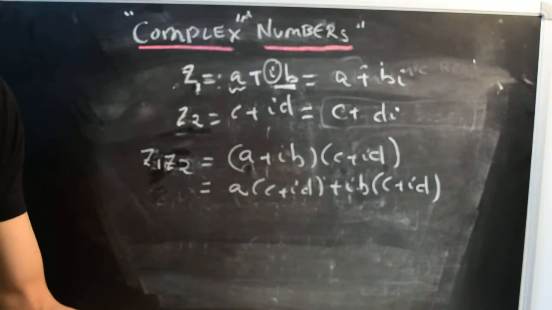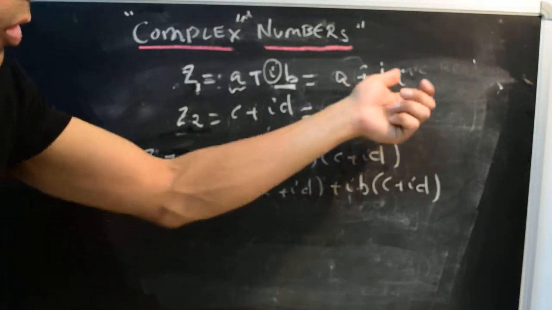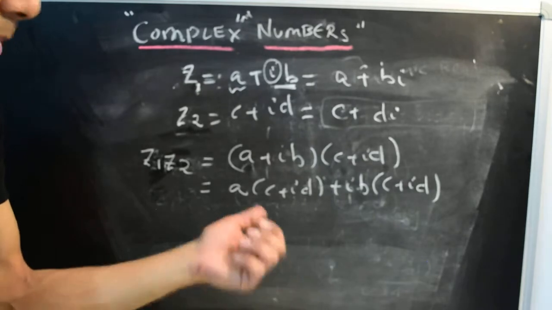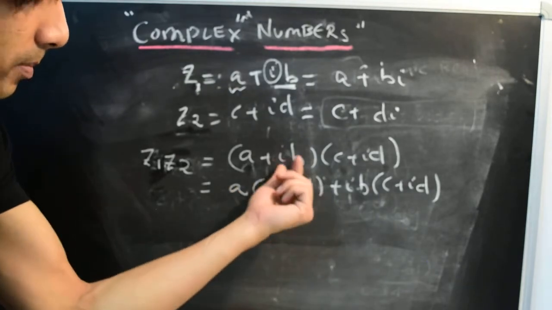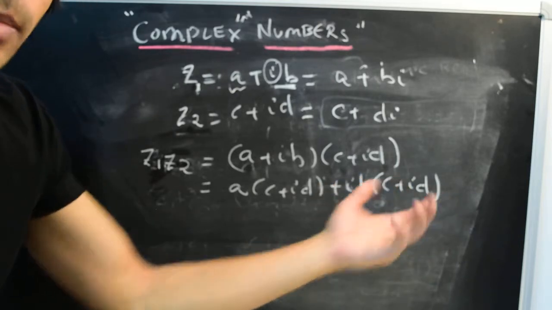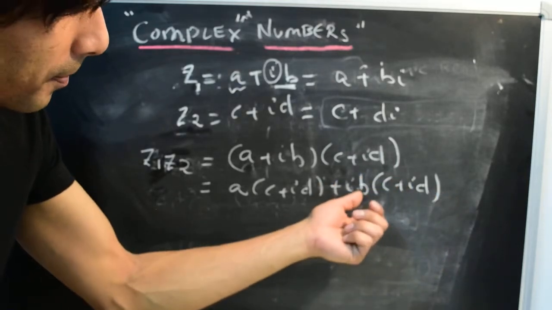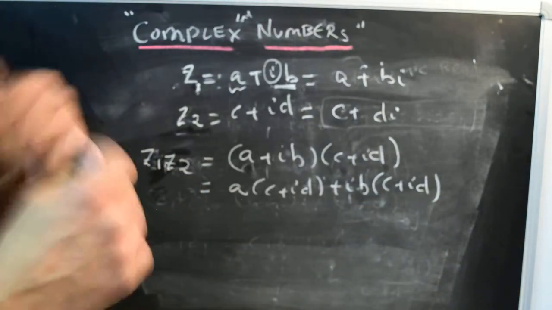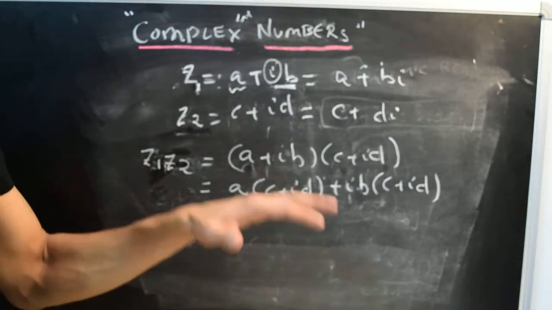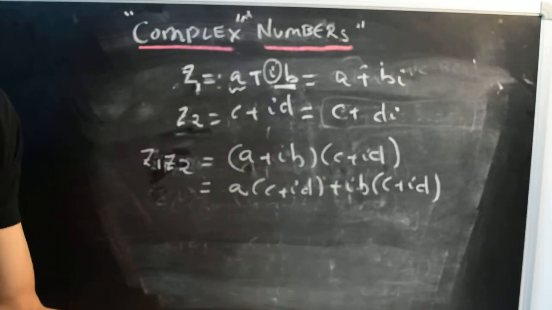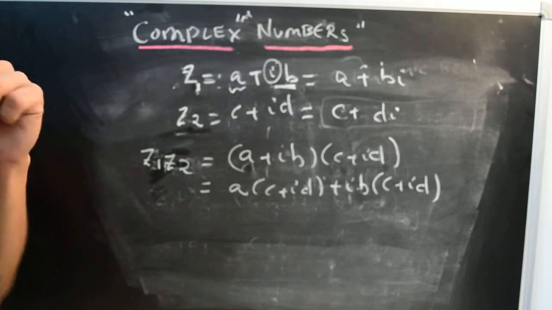It's not a first principle derivation of why we are allowed to, for instance, commute I with b, or why we are justified in picking out this ib and multiplying it with c plus id and then distributing this product over addition, as we'll do in the next step. These are not first principle derivations. This is just a definition of multiplication, and we'll give it a more geometric meaning in subsequent videos.